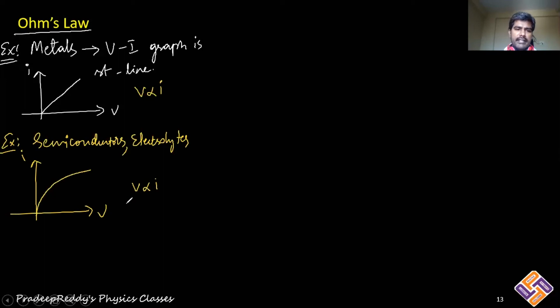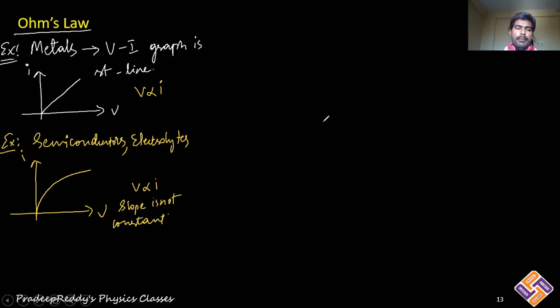In this case, the slope is not constant. You will not be getting a straight line. However, here V is proportional to I. That is valid. Voltage and current are increasing in this case also, but it's not directly proportional. There will be some other parameter in this proportionality.